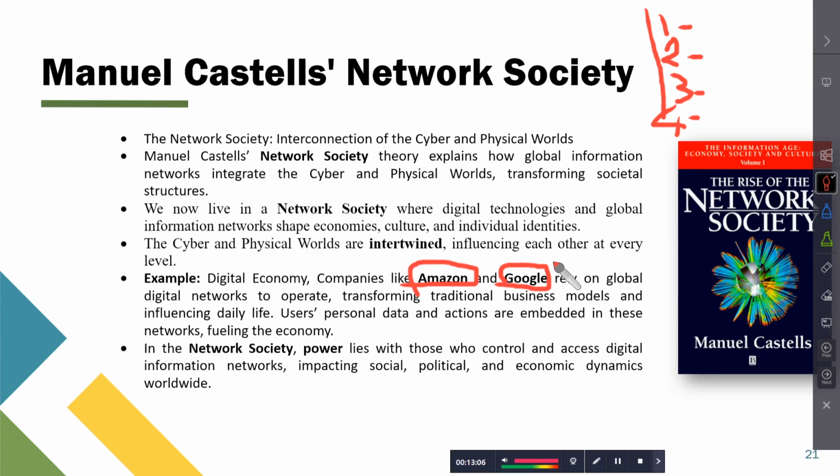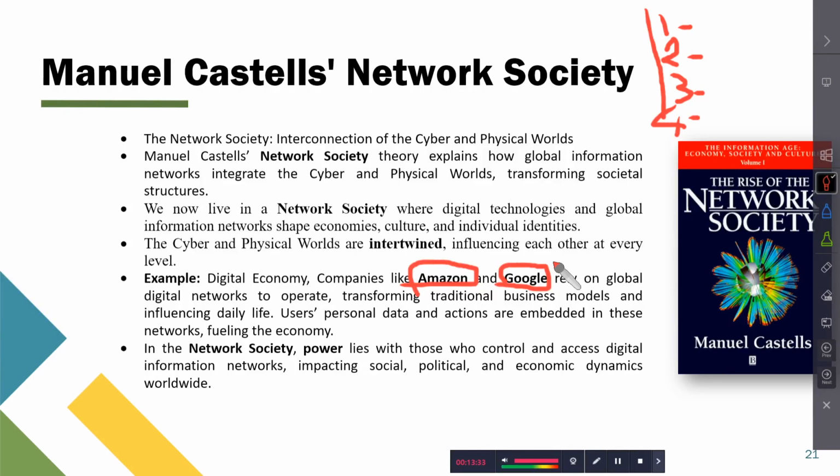So if we look at the implications for AI and big data of his network society idea, we can see data as a new oil, a new fuel.